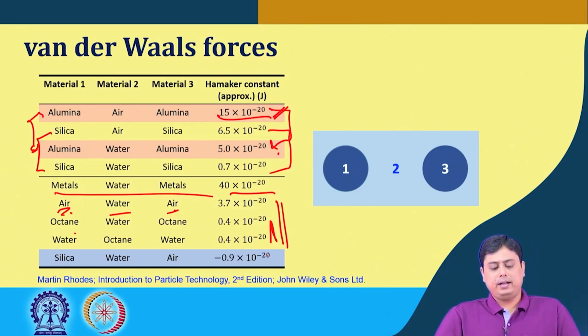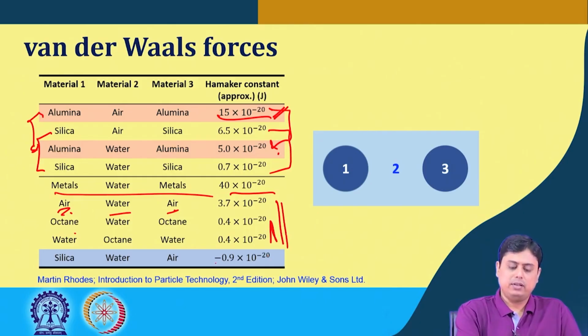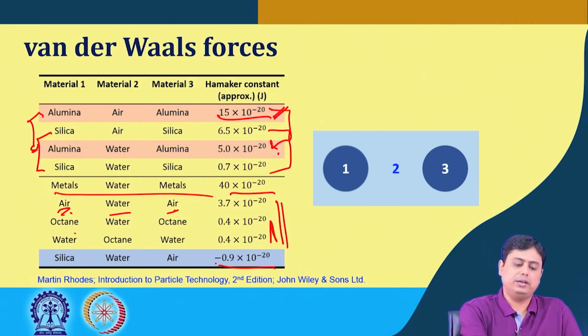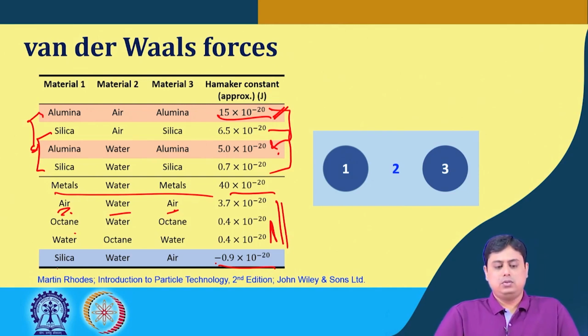Now, the rare case that I have mentioned, that the van der Waals can be repulsive in nature if we have the Hamaker constant as a negative value, is shown here.